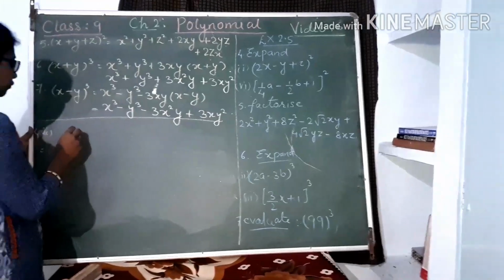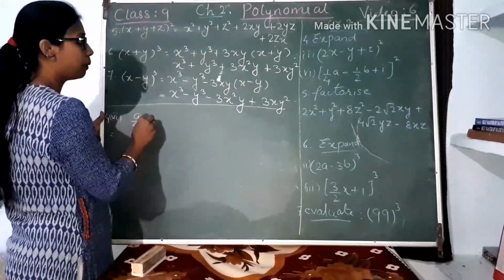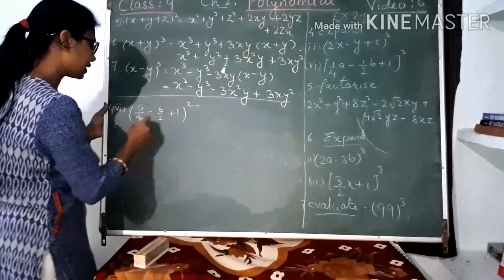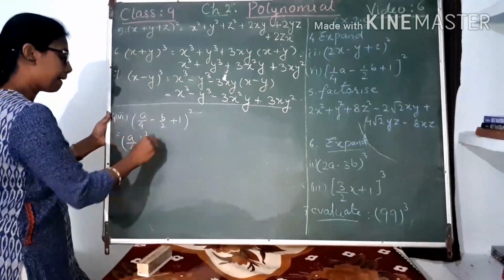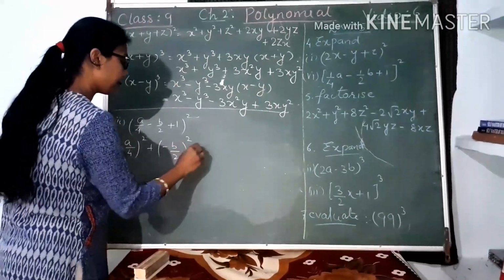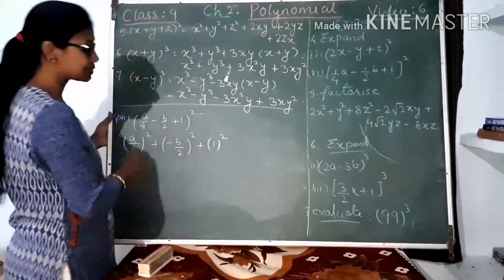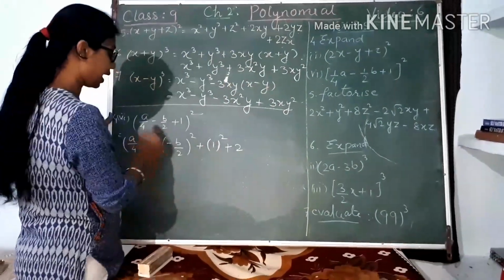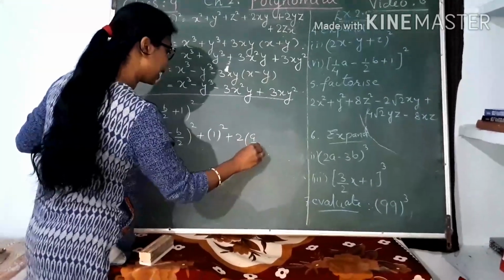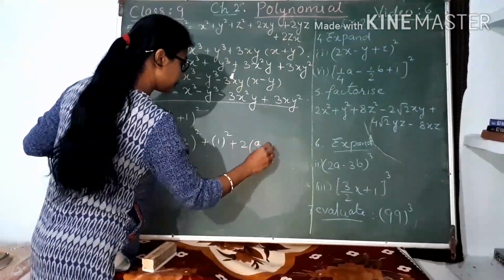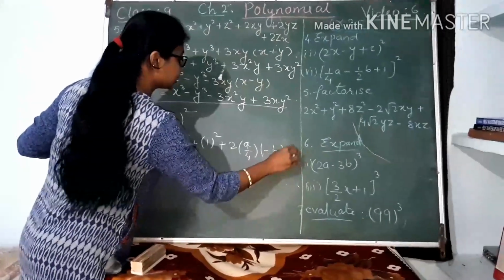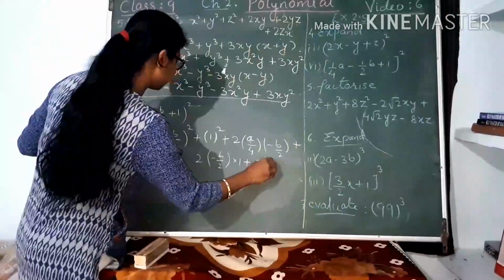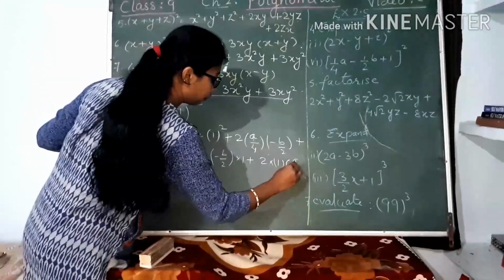How we use this identity for a fractional part: a by 4 minus b by 2 plus 1 whole square. Same, first term a square plus b square plus c square, then plus 2ab, 2 times a and b. This is a by 4 times minus b by 2, plus 2 times minus b by 2 into 1, then plus 2 times 1 into a by 4.